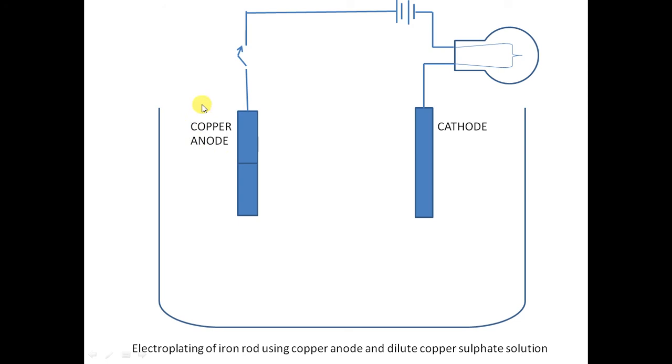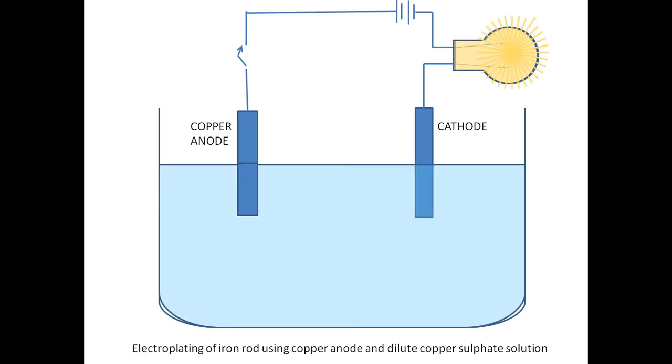If the anode is made of a metal which is present in the electrolyte, then electrochemical series will not be used and concentration theory will also not be used. Then the theory which we'll be using is the nature of anode. Here something different will happen.